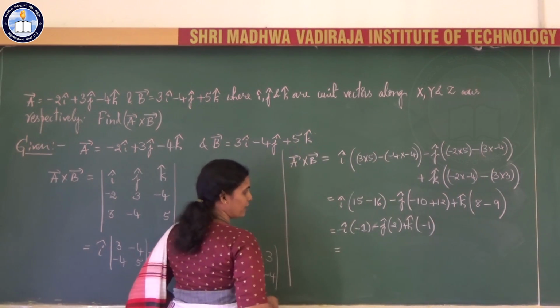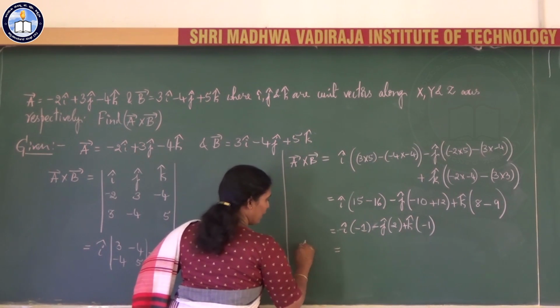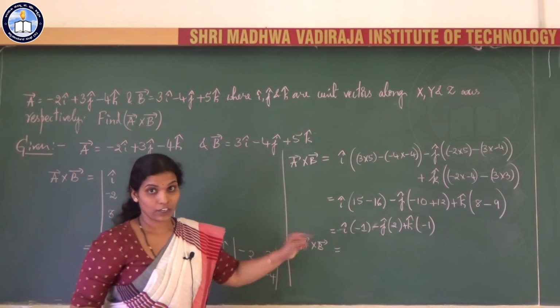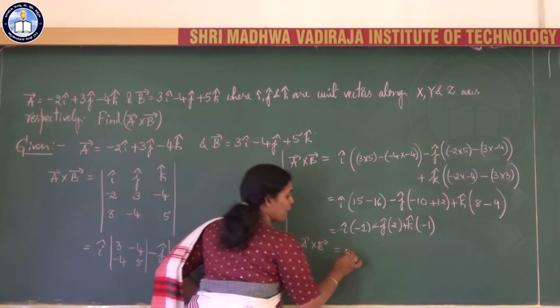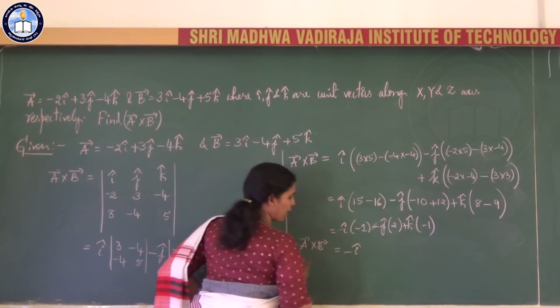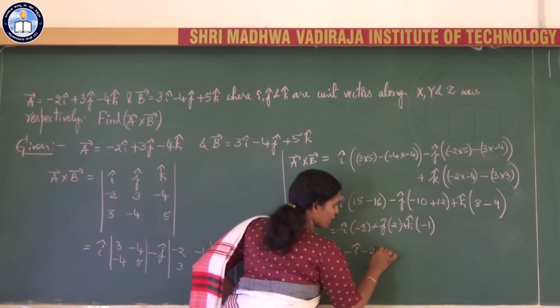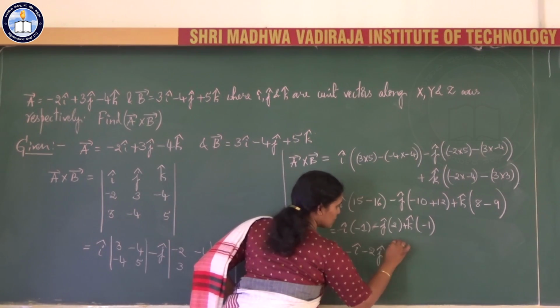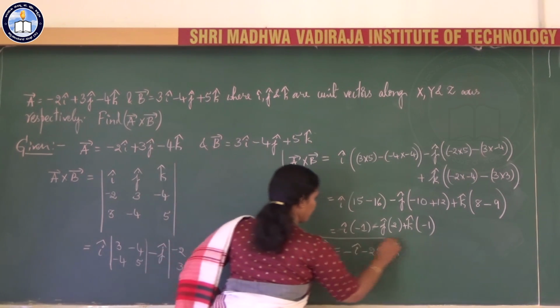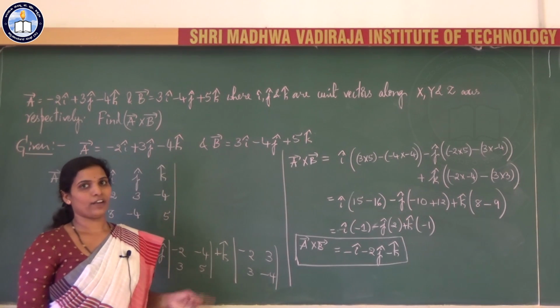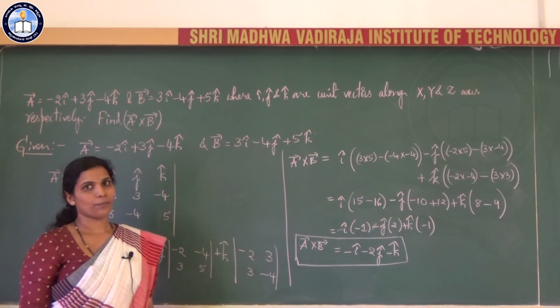Finally A vector cross B vector equal to minus i cap minus 2 j cap minus k cap. This is the final answer for A vector cross B vector in the component form.